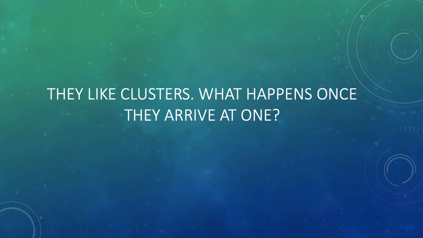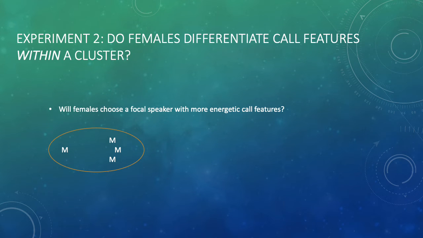All right, they like clusters. That doesn't mean that there's nothing interesting and sophisticated happening here with regard to female choice behaviors, because what are they doing once they get there? Using this same 1 versus 3 design, we're going to take a look in a little more detail at what females do when the call features within the cluster that they like so much vary.